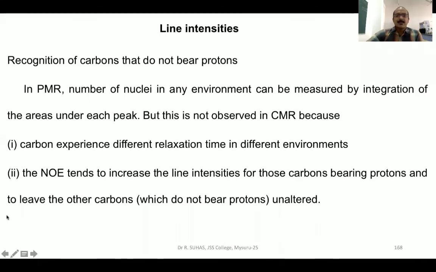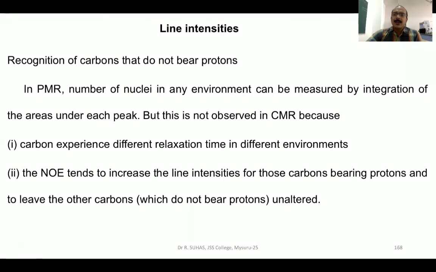The next reason is that the NOE, the nuclear Overhauser effect, tends to increase the line intensities of those carbons that bear protons and to leave other carbons unaltered. That means those carbons which are directly attached to protons show very good NOE effect. As a result of the NOE effect, the line intensity will be very high.